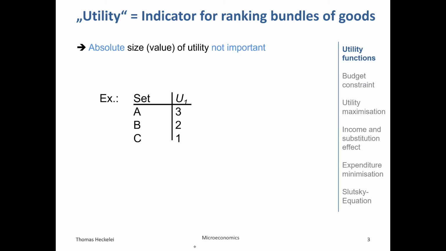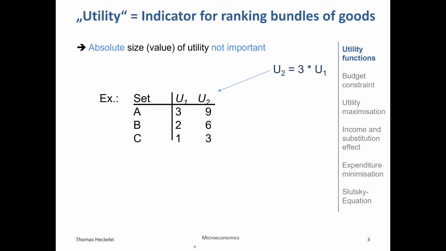Set A is the most favorite of this person, with 3 units of utility in total. Set B is the second favorite, so it brings 2 units of utility. And set C is the least favorite, because he or she earns only 1 unit of utility with this set.